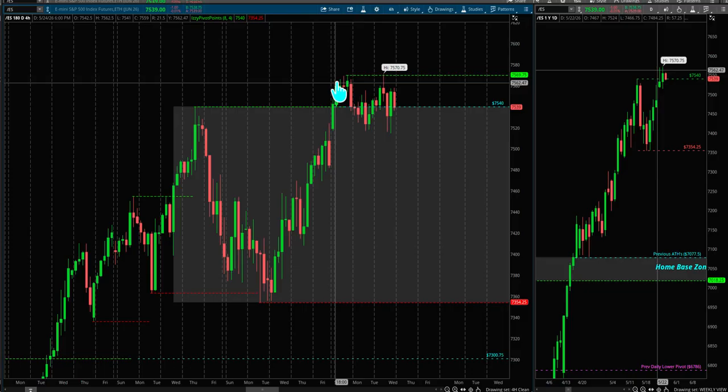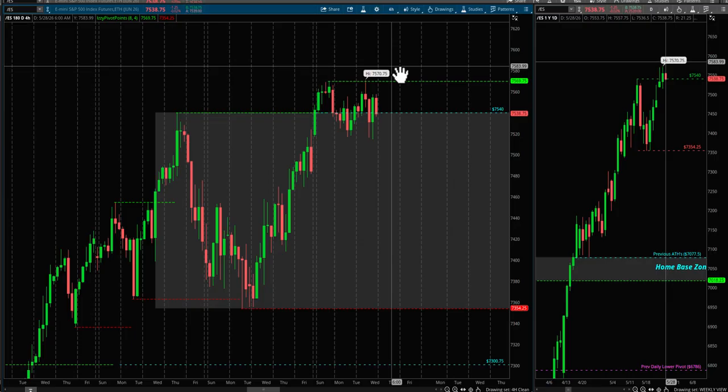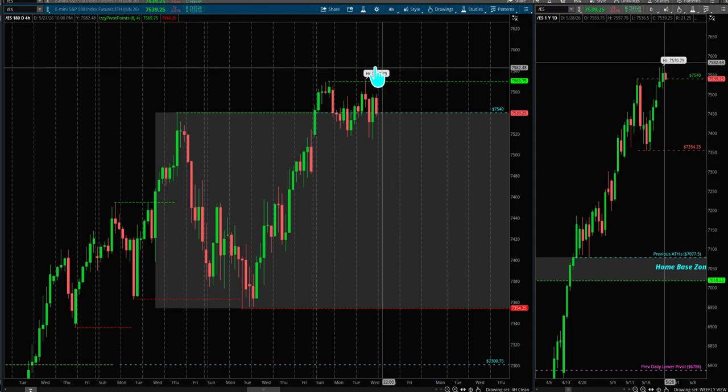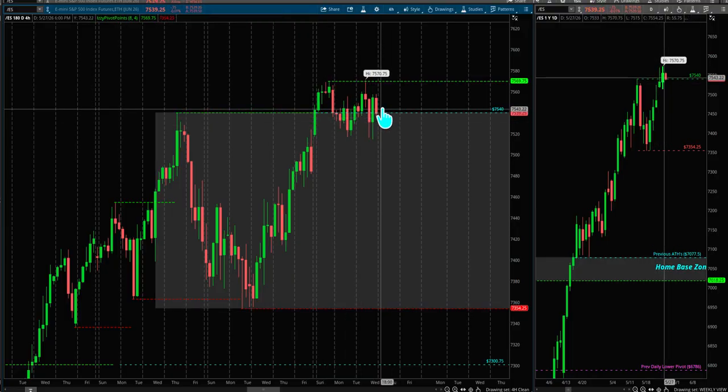Now, that's very important to understand because to keep bulls in control for this week, it begins with maintaining above 75.40. That's something I talked about.